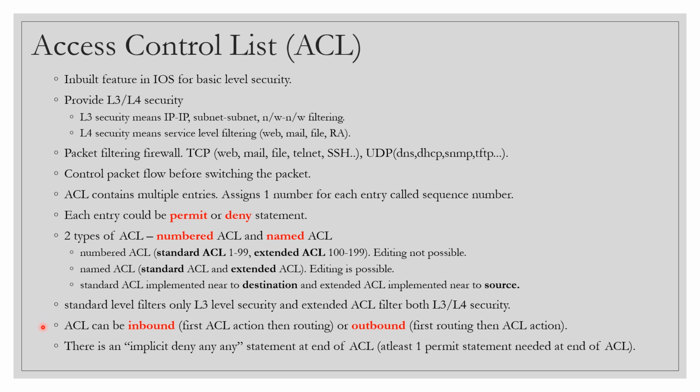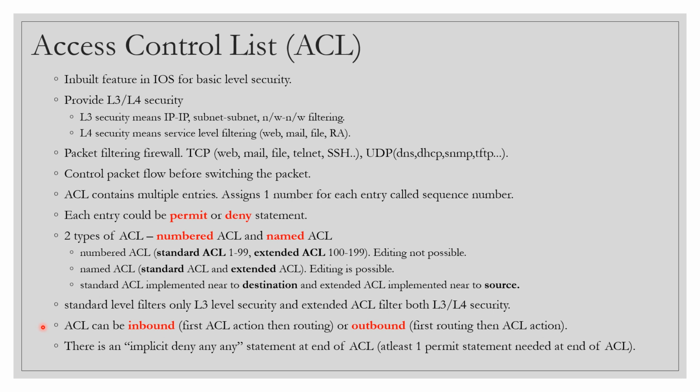Now, ACL can be either inbound or outbound. Say you have a router R1, one interface is connected to the LAN, which has a switch and multiple computers connected to it, and one interface is connected to the ISP or to one more router. If you apply the ACL on the inbound interface connected to the LAN, your ACL action will happen first and then your routing will take place.